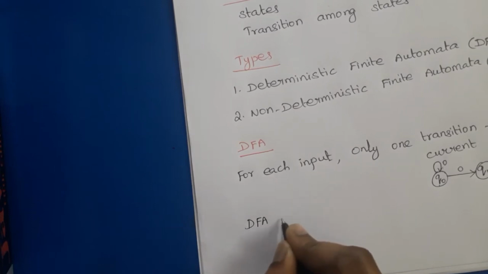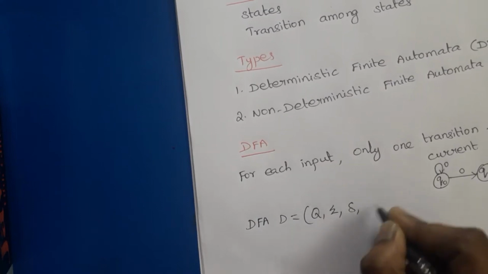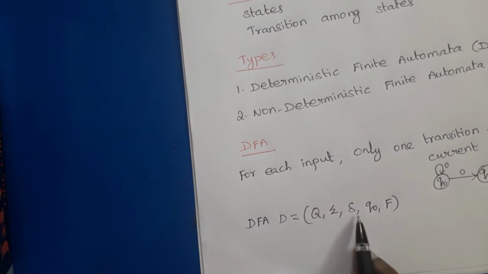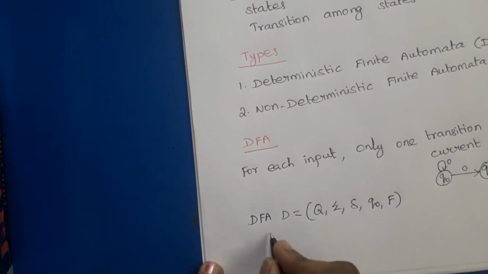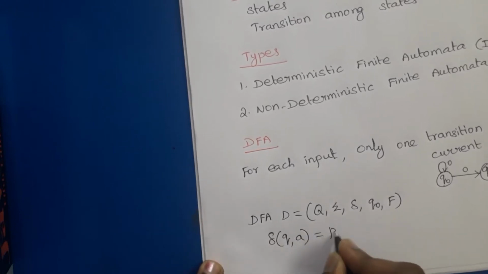by D = (Q, Σ, δ, Q0, F), where D is the name of the DFA, Q is a set of states of the DFA, sigma means input alphabet, and delta is a transition function. In a DFA, delta can be represented like this: δ(Q, A) = P, where Q represents the current state, A is an input symbol and P is the next state.